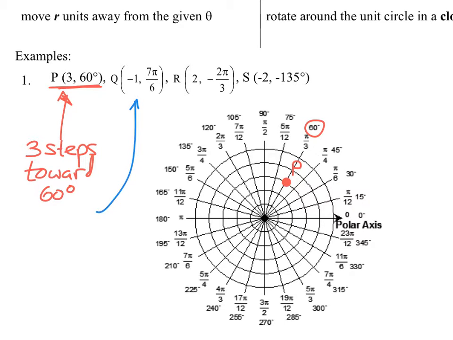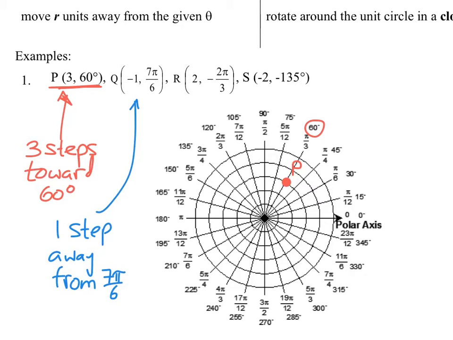The second one is telling us to take 1 step away from 7 pi over 6. Your default is that you're standing at the pole.